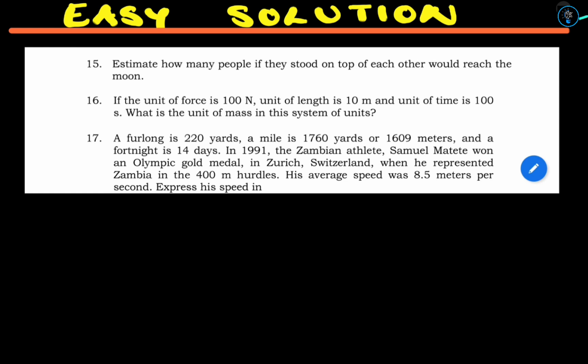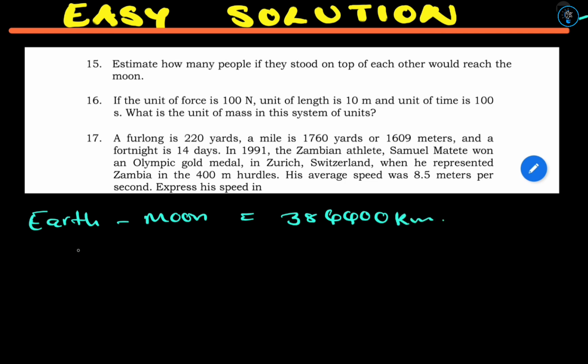Okay, so in this question, we just need to know the distance from the Earth to the moon. The distance from the Earth to the moon is equal to 384,400 kilometers.